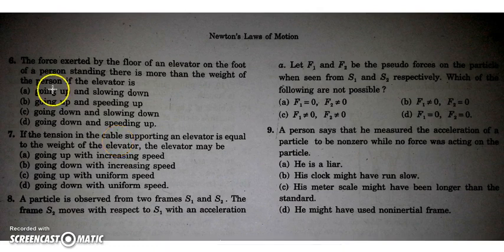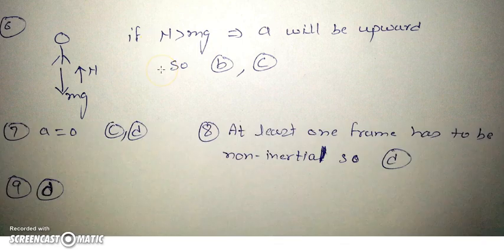In the next question, the force exerted by the floor of an elevator on the foot of a person standing there is more than the weight of the person. Obviously, the person must be accelerating in the upward direction. If normal is greater than mg, then acceleration must be upward.